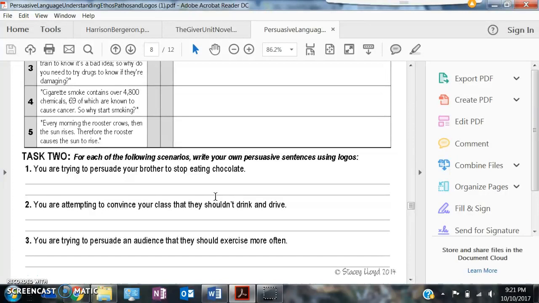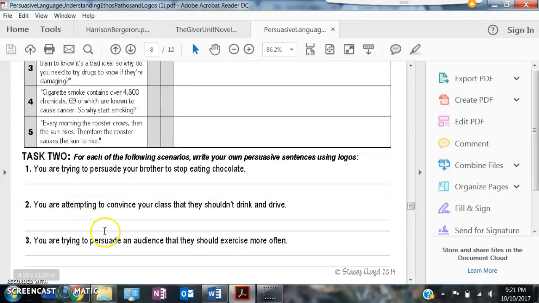So, the more chocolate that you eat, the better chance that you will have gum disease or something like that. Those are both reasons that you could use. So what I want you to do is I want you to try 2 and 3 as well and finish this top part. So you've got time to do that.